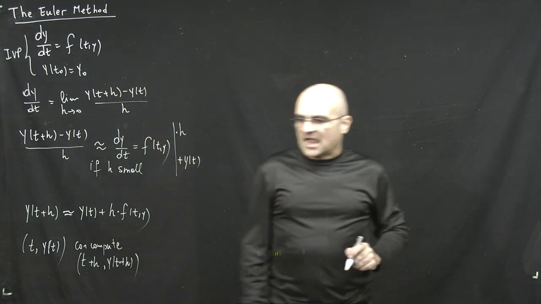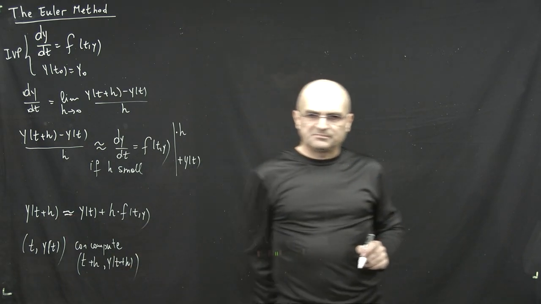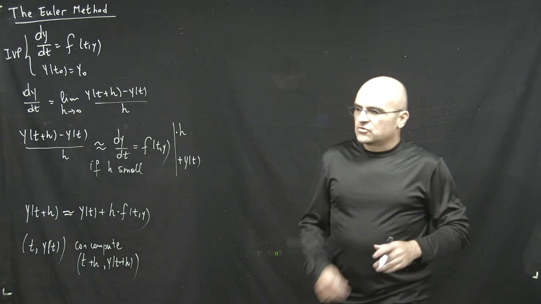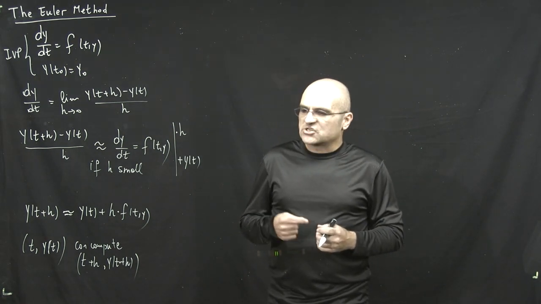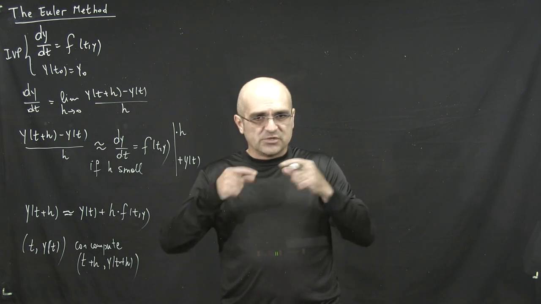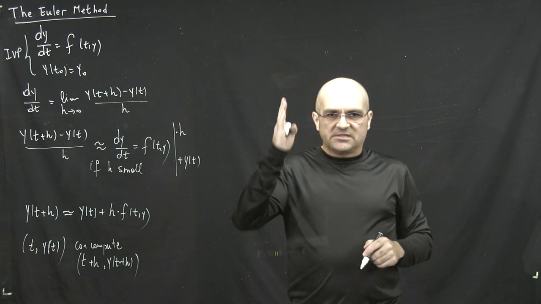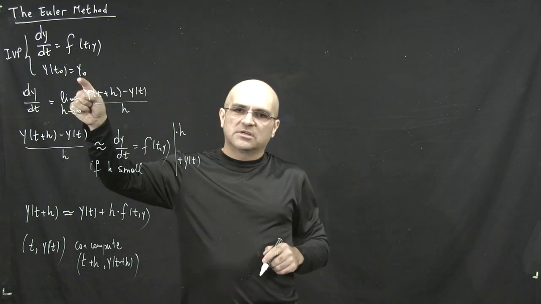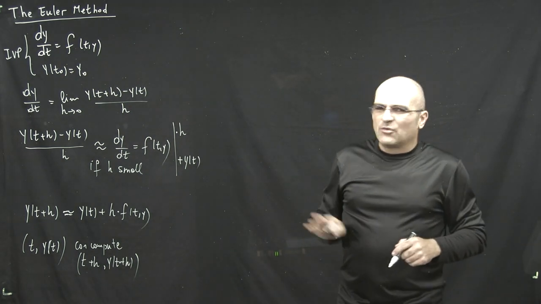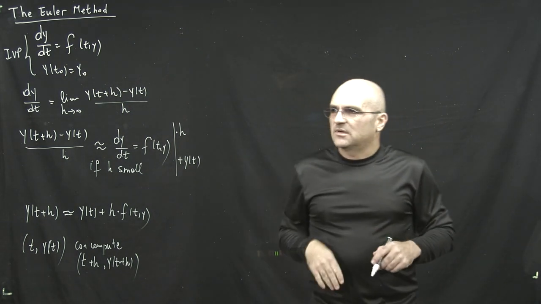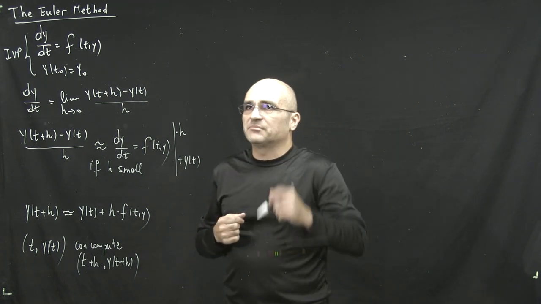We just add h to the time value and then we compute y of t plus h via this formula. In order to write this in a better format, we can denote the points we're going to produce with this approximation method with an index: t naught, y naught will be my starting point, and then t1, y1 will be the next point, and so on and so forth. I know this is a little bit vague at this point, but once we get to the actual example, you'll see it's a very simple algorithm.